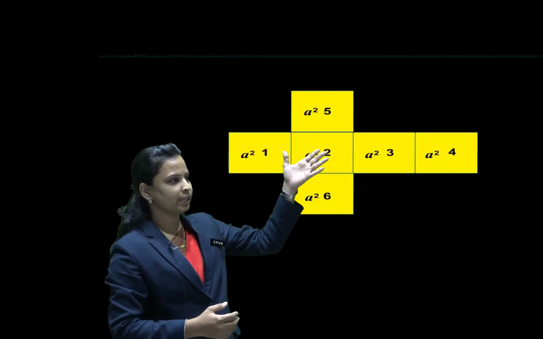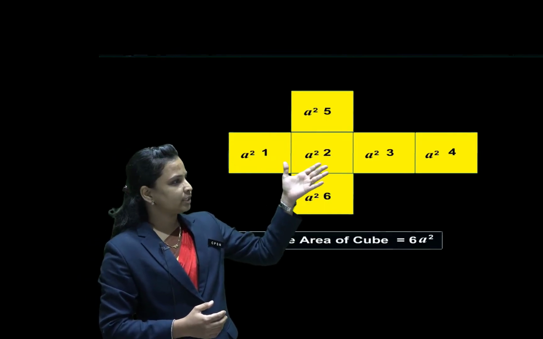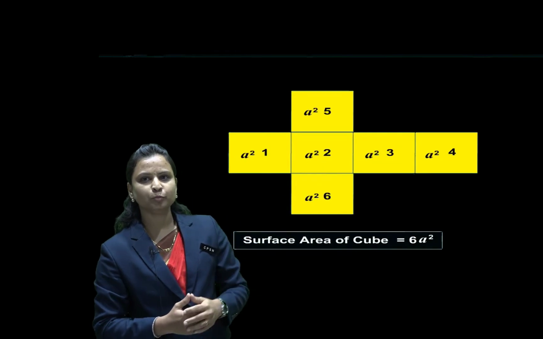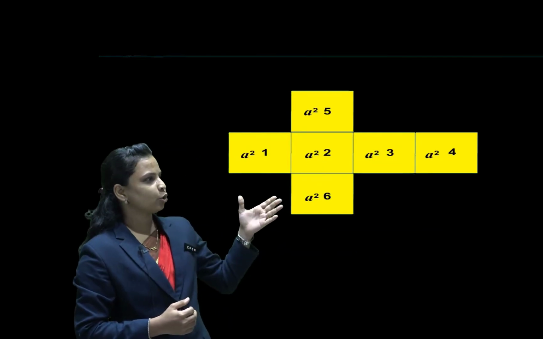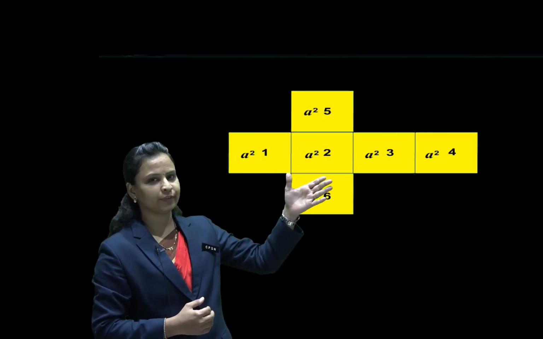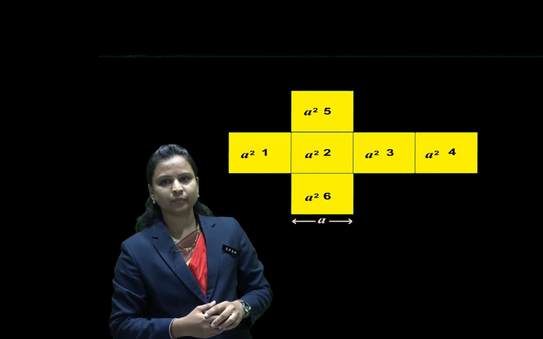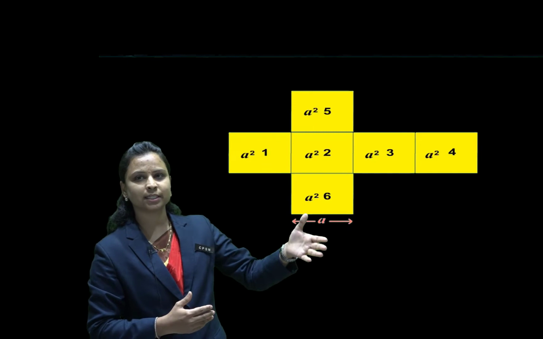If we open up this cube, it looks like this. Each face of this cube is a square. If each edge of a cube is a, then the area of each face is a square. The sum of all these faces gets 6 a square.